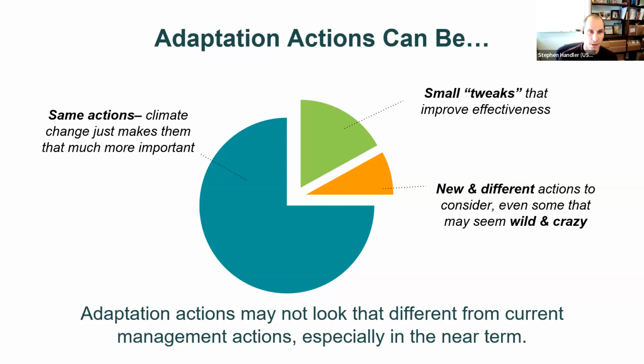But also, we know in any project, there's always a slice of actions that are small tweaks to common practice, and then maybe a smaller slice that are ideas that are really outside of the box, things that have not been considered before and that maybe occurred to you for the first time when you're looking at the adaptation menus. And the size of these wedges will be different for every project. But the point is, you should probably have items in all of these categories.